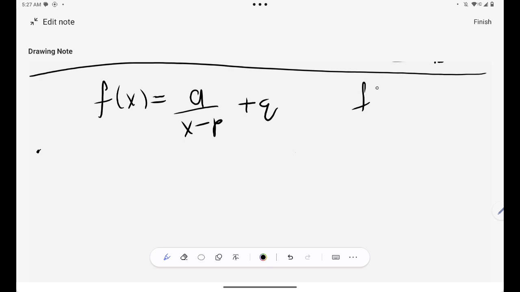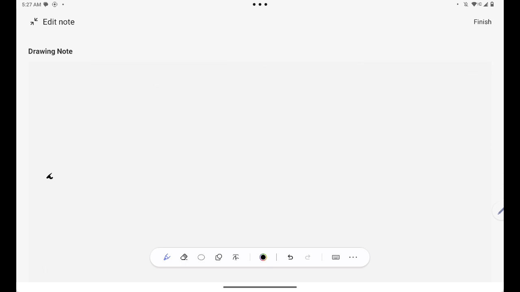For me to find the inverse, I know that the horizontal asymptote of the original graph will now become the vertical asymptote of the inverse graph, and the vertical asymptote of the original graph will now become the horizontal asymptote of my inverse graph.